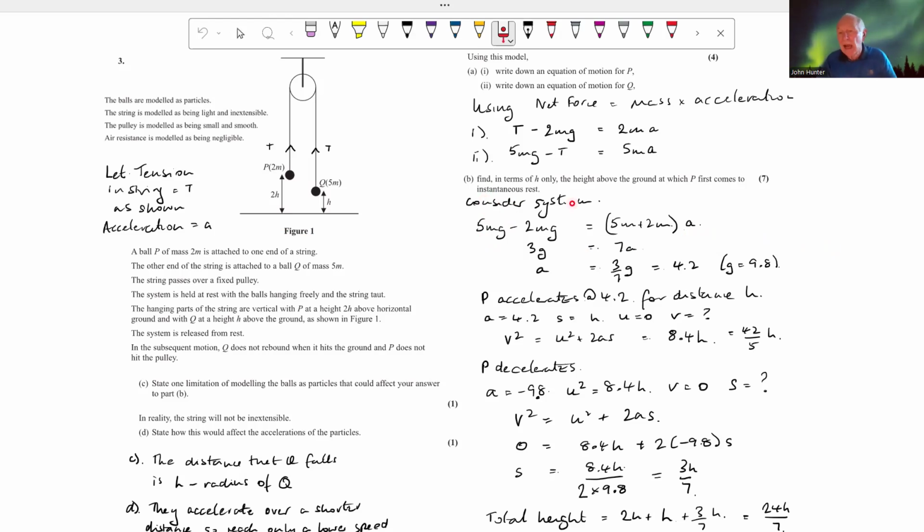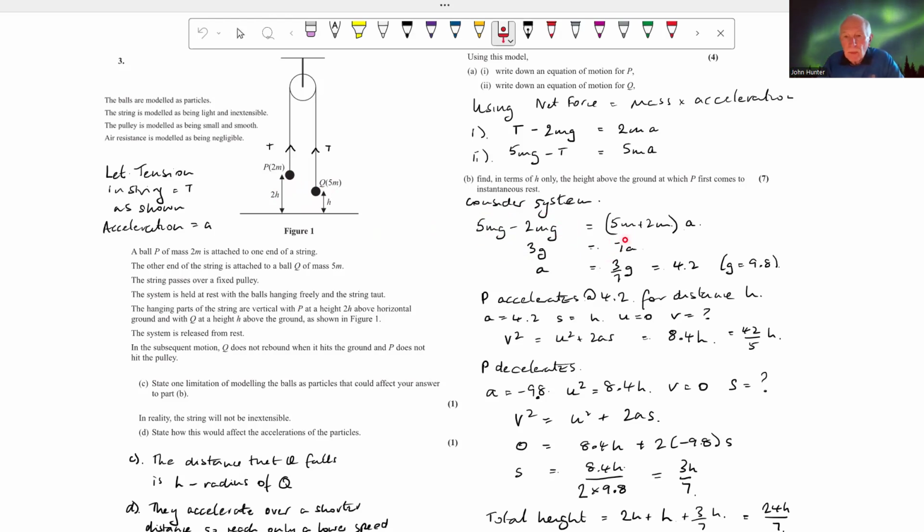This takes T out of the equation, and this is normal for systems of connected particles: when we're looking at all the particles together, we're not interested in the interconnecting forces, which is very often tension in connecting strings. So we're looking at the total net force on this system. The weight of Q is pulling that way. The weight of P is pulling that way as well. So the net force is going to be 5mg minus 2mg.